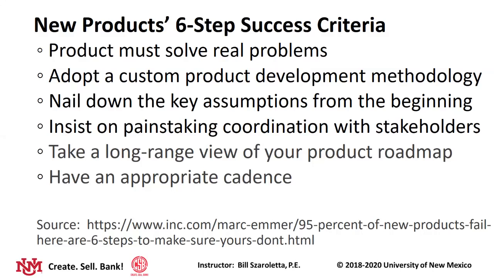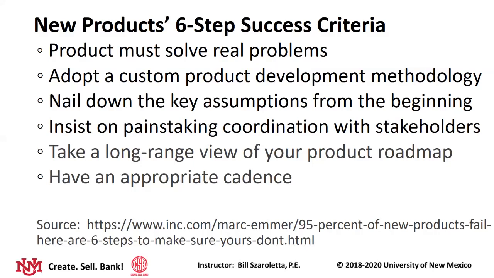Because if you try to change these assumptions as you're developing the product, it can just increase the cost and the development time. And make sure that who you're designing this for, your user group, your stakeholders, that you do coordination with them. And then take a long range view of your product roadmap.